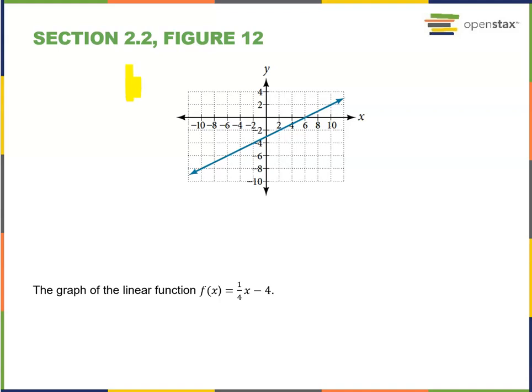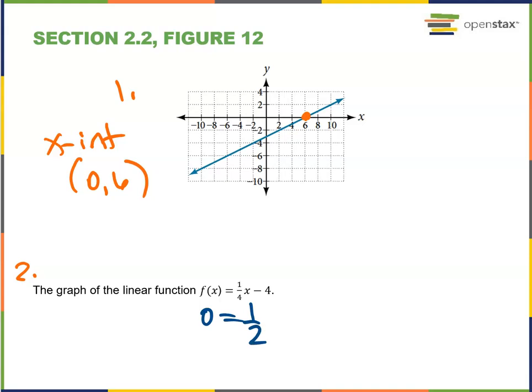Next, find the x-intercept given a graph. So this is number 1. The x-intercept is again the point on the x-axis. So the x-intercept is at (6, 0). Then number 2, given a function, find the x-intercept. Here you just make this equal to 0 and solve for x.